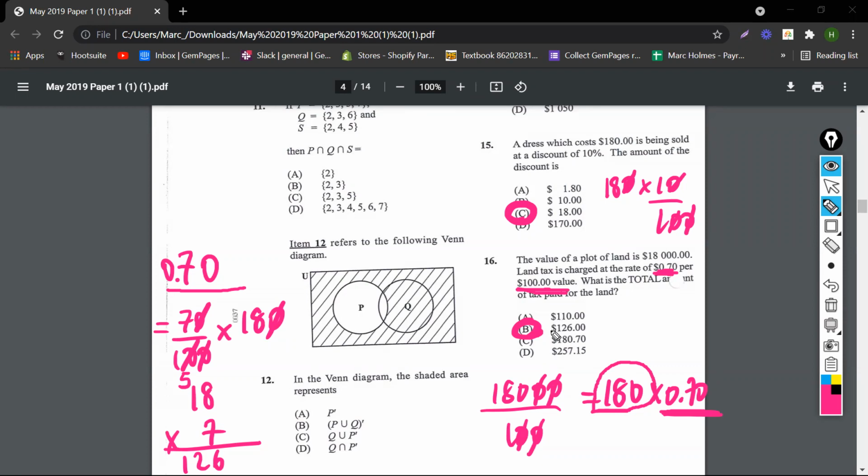Make sense, guys? Yes, sir. All right. So this one is kind of simple to me. I don't think it's that bad.